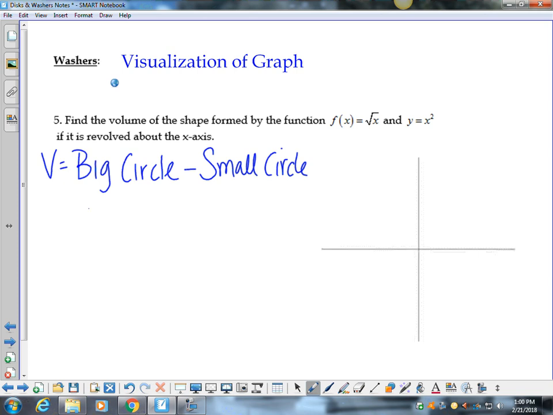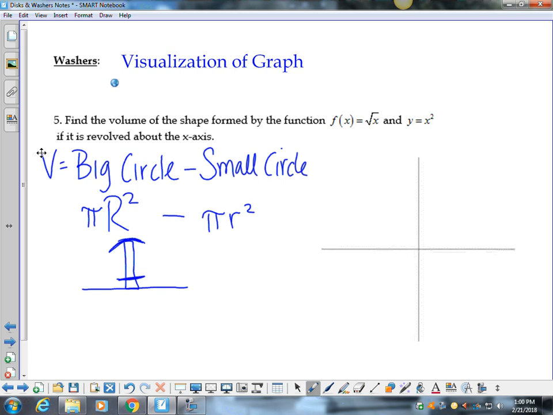So the big circle is going to be pi, we're going to call him big R squared, and then we're going to minus pi little r squared. Okay, but the big circle is from the outside edge of your figure all the way to the axis of rotation. That whole part, even though there's a hole right here, it stops.